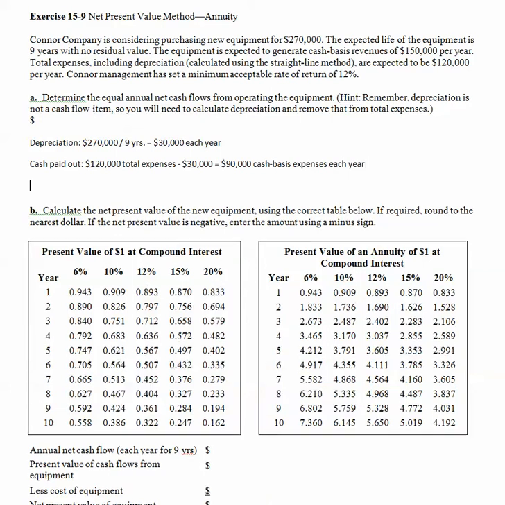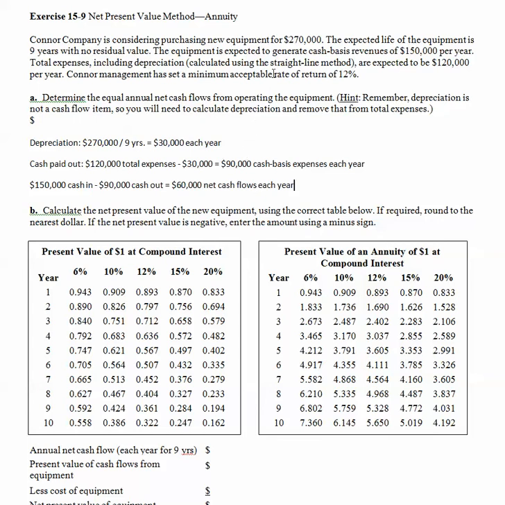And then from that we can calculate our cash basis net cash flows. So we're going to have $150,000 of cash coming in minus $90,000 of cash going out equals $60,000 of net cash flows each year.